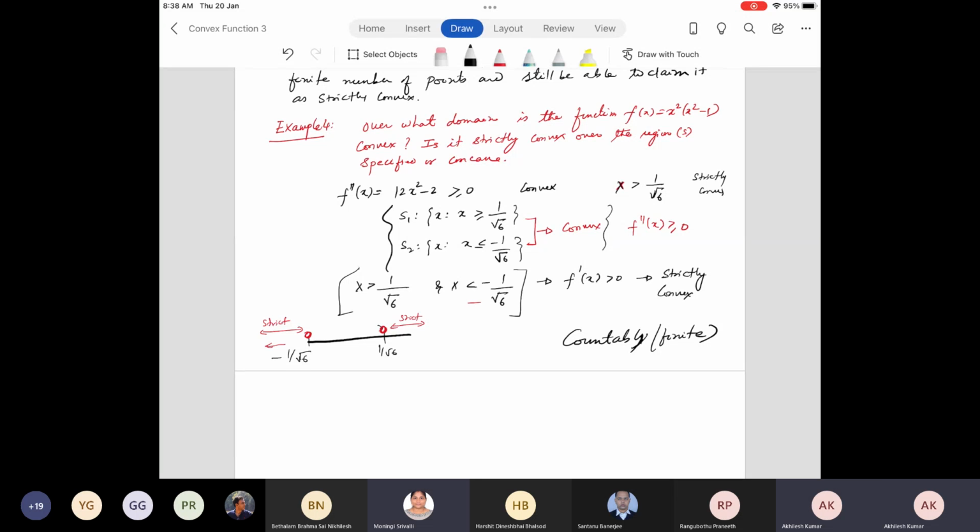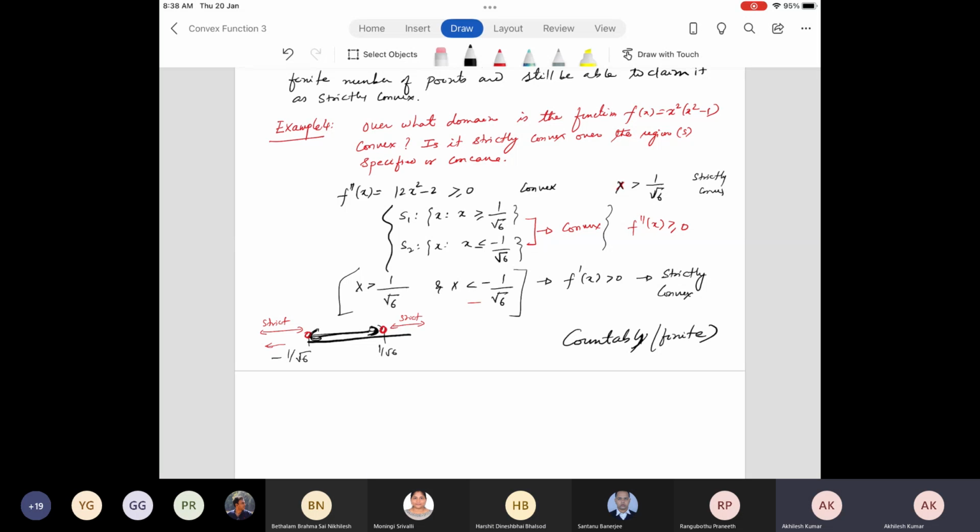What is happening between these 2 points? Between these 2 points also, if we exclude those 2 points, we can say that it is strictly convex. Is it? Sir, f double dash x is not greater than 0 in this region. Yes, sir.